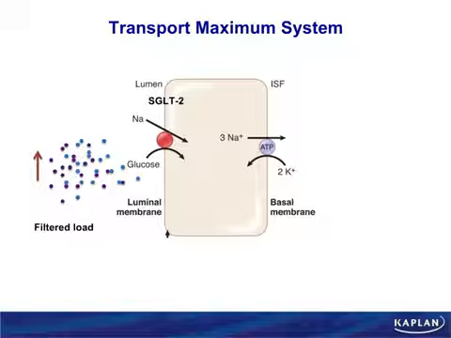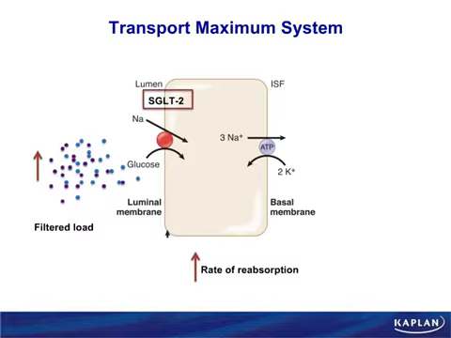So as the filtered load of glucose increases, the rate of reabsorption of glucose increases, until the SGLT2 carriers get saturated. And they do. At some point, the SGLT2 carriers become saturated.